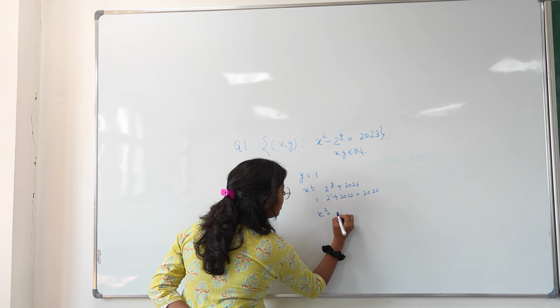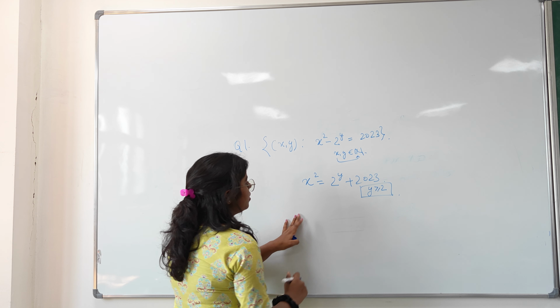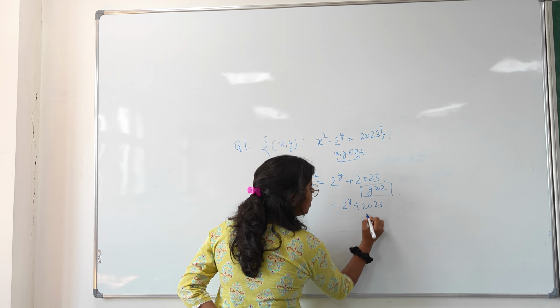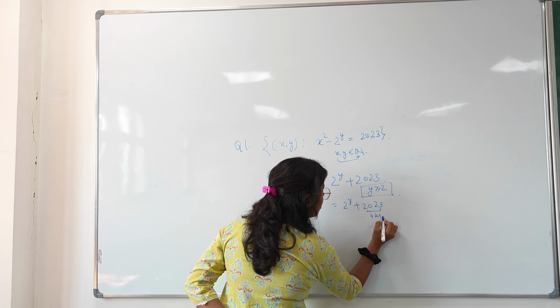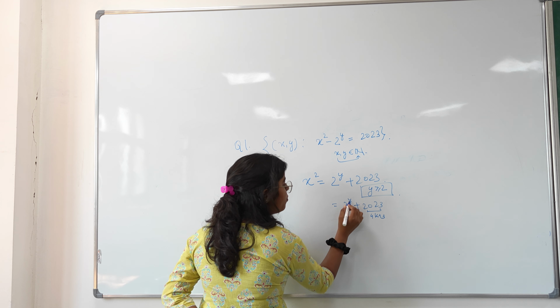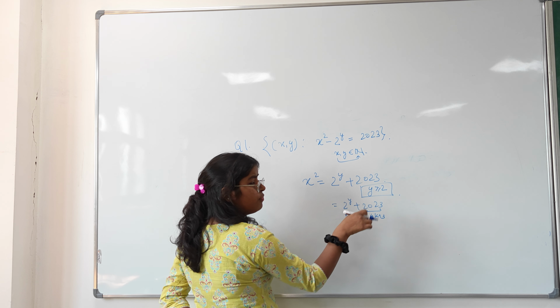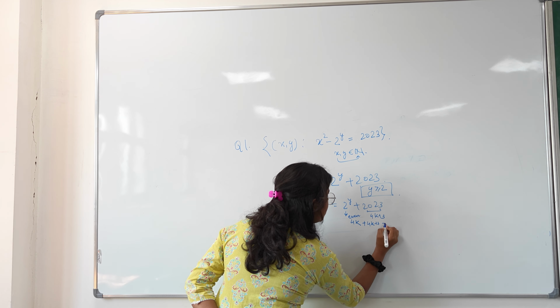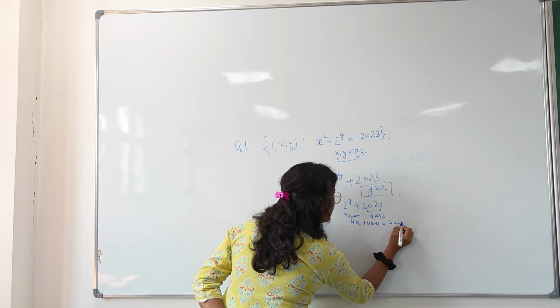Here 2 power y plus 2023 is of the form 4k plus 3, because 2 power y is always a multiple of 4 for y at least 2. We know x square must follow this condition, so we want a number of this type.